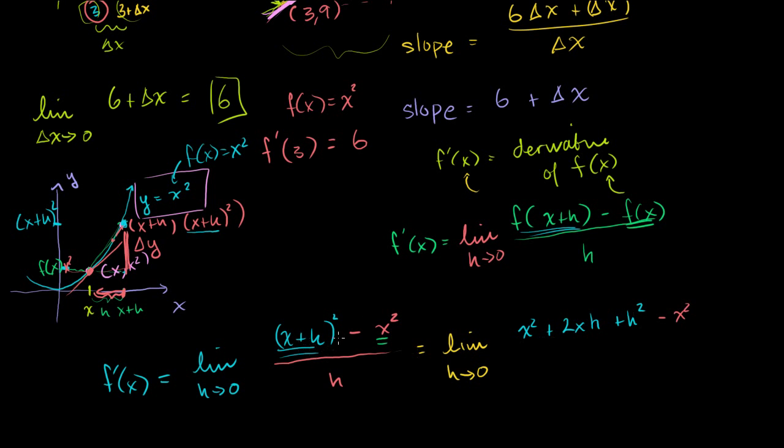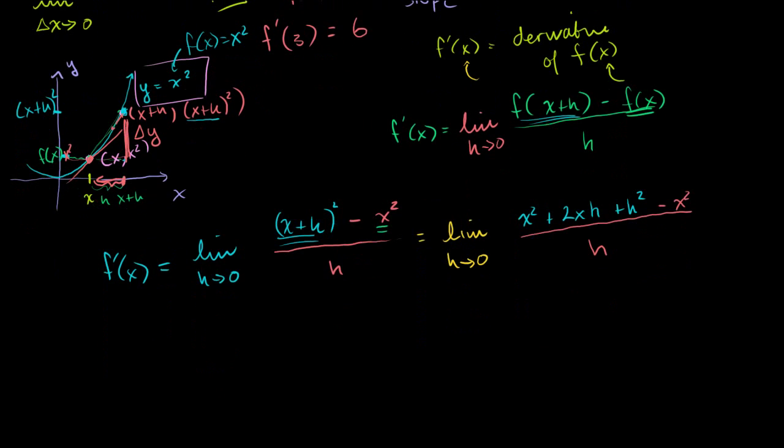I just multiplied this out, and then all of that is divided by h. Now let's see if we can simplify this a little bit. You immediately see you have an x squared and a minus x squared, so those cancel out. And then we can divide the numerator and the denominator by h.